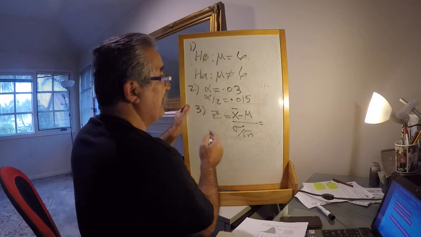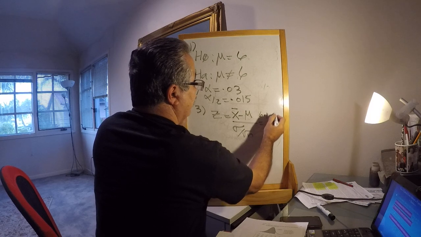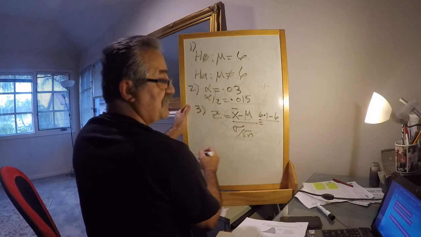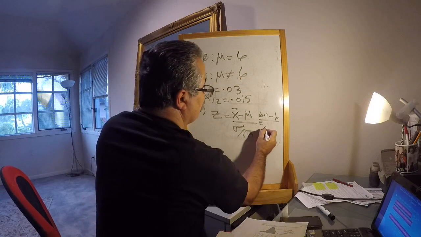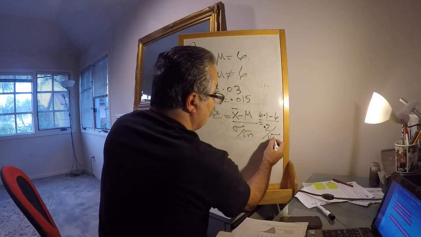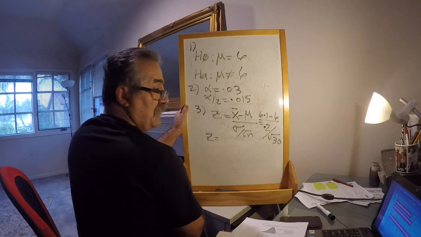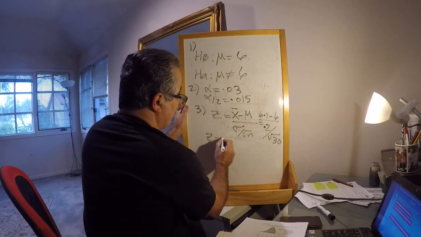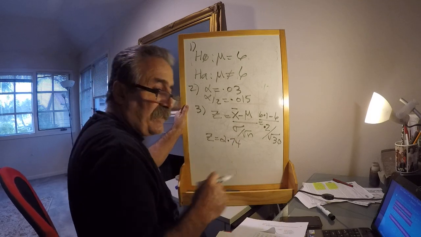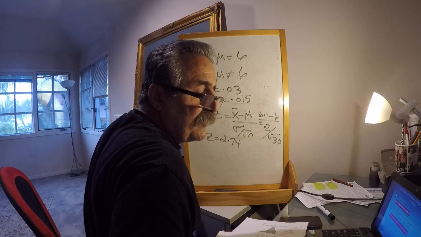So x bar is 6.1 minus 6, divided by sigma, which is 0.2, divided by square root of 30, which is the sample size. So z comes out to be equal to 2.74. Okay? Go to slide number 33, the p-value approach.